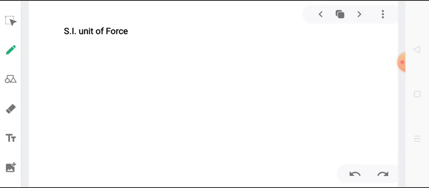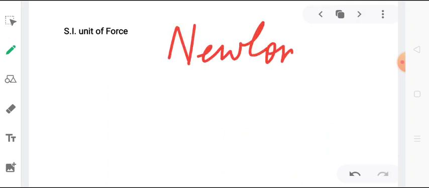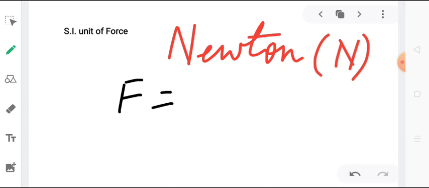So SI unit of force is Newton, represented by capital letter N. Now what is 1 Newton? F is equal to mass into acceleration.